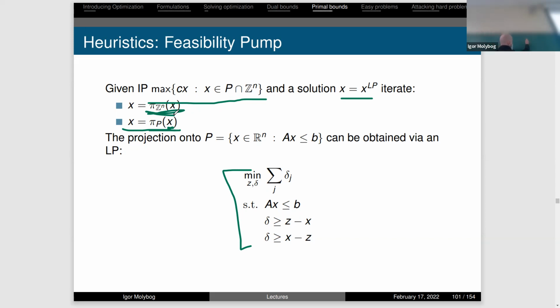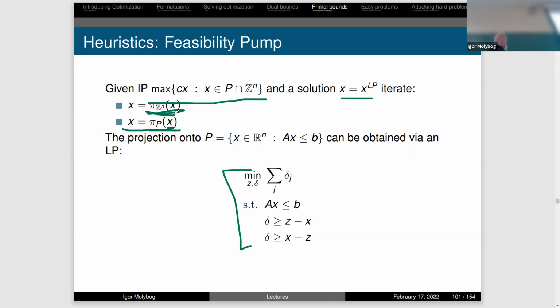and then project those points onto the polyhedron P. For example, in this case, let's say that our integral points are here, and this gives us the grid, and our closest integral points would be, for example, this one, or probably on this particular picture it would be this one.